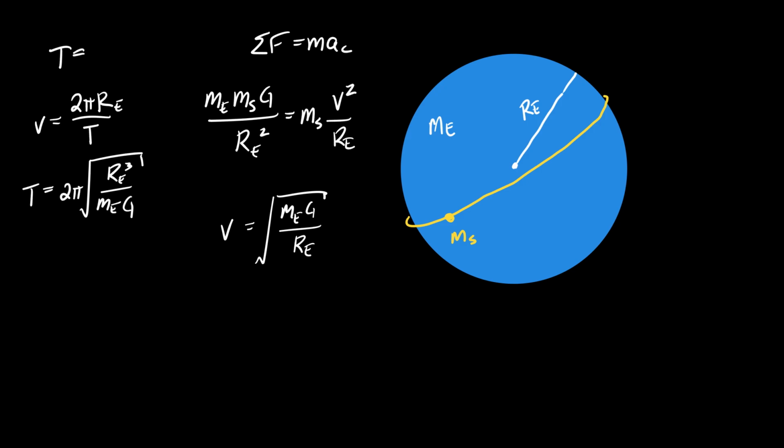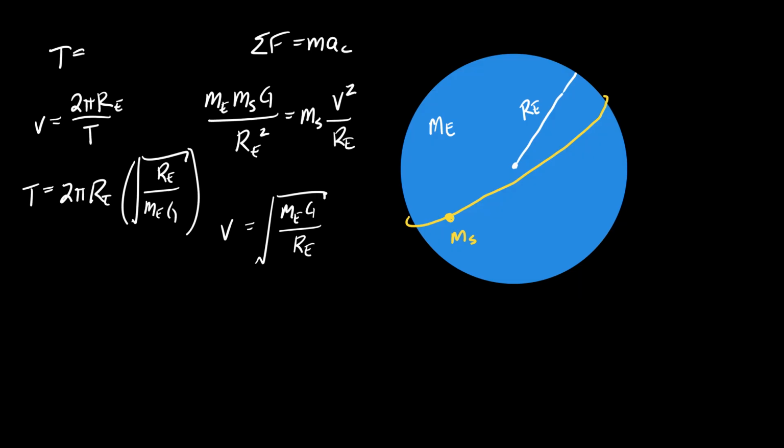Just substitution. And take that R, square it, put it in a radical. I jumped a couple of algebra steps. If you need to see them, you should probably say something. So factor out the 2 pi RE and multiply by the inverse of V, because it's going to be in the denominator. So that's going to be the root of RE over MEG.